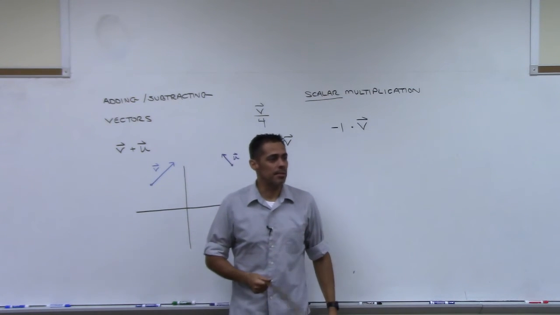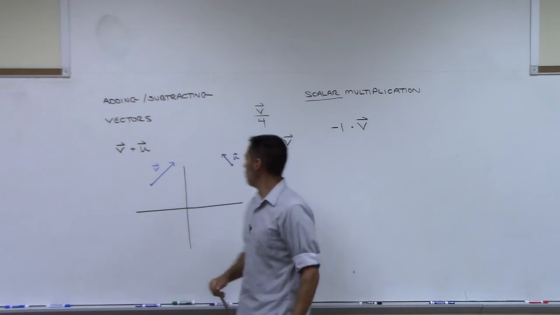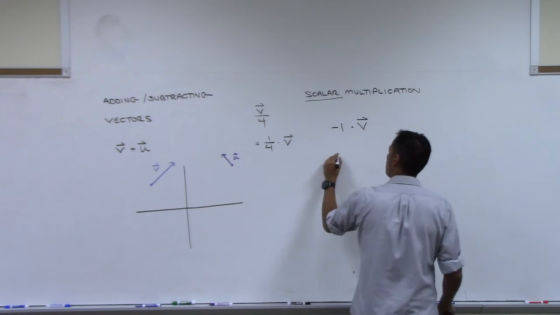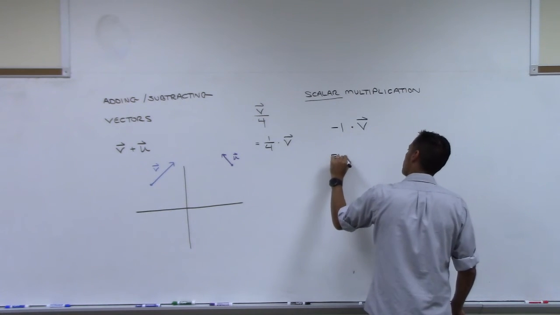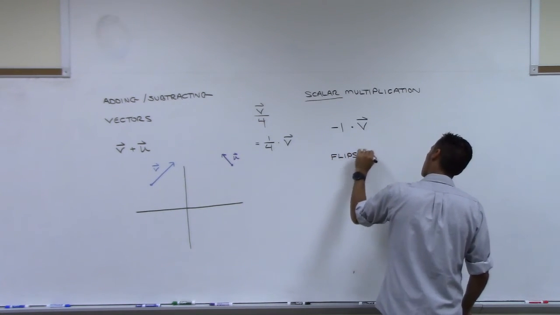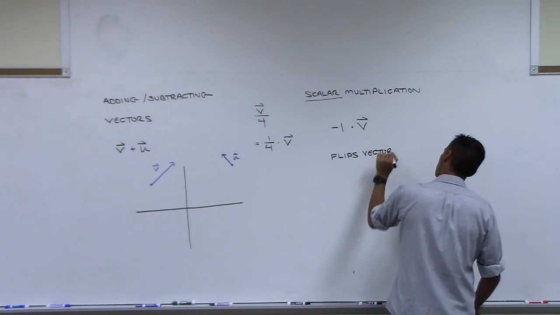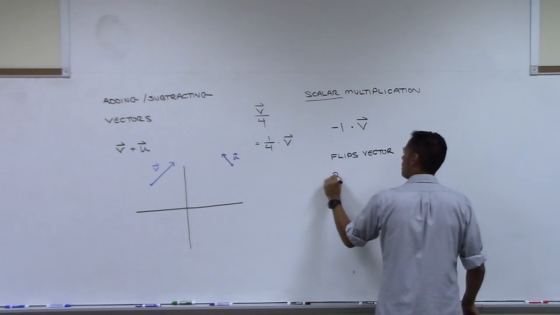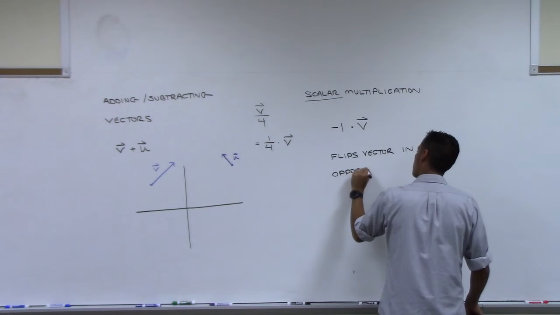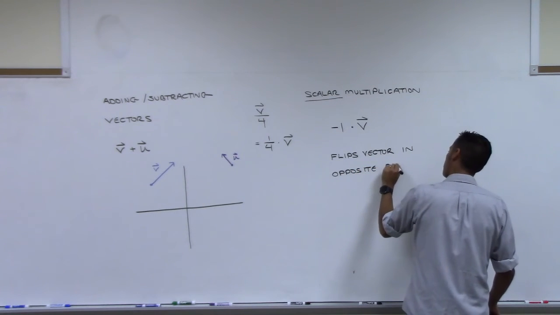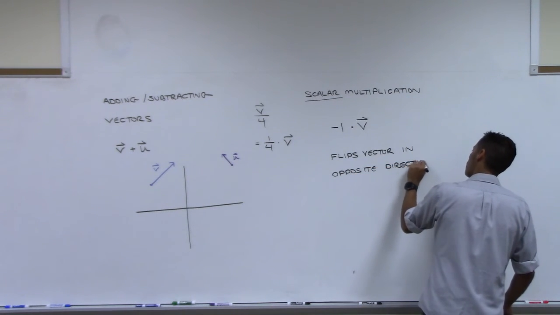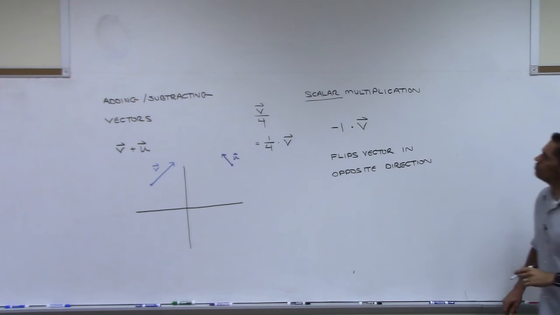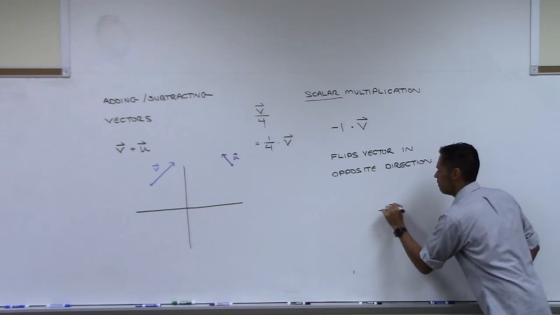That's exactly what happens. So this flips the vector in the opposite direction. Does the notation change as well? No, you just write -v.